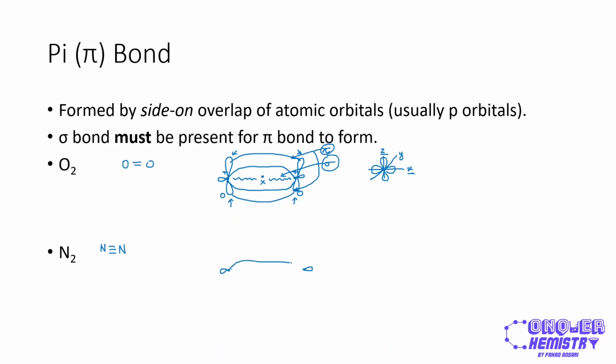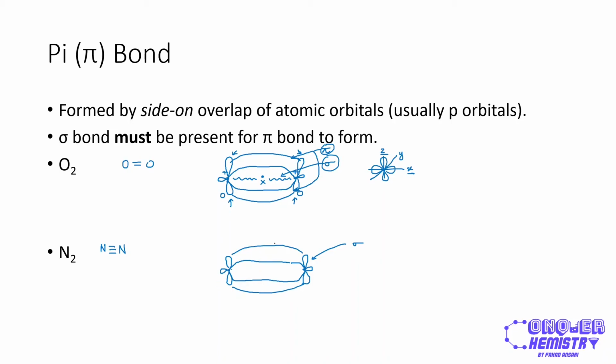The end that overlaps will become larger, the end that does not becomes smaller, and you have a sigma bond right here, right? Now you have a pi bond forming by the overlap of the two incomplete p orbitals along the z-axis, as I mentioned earlier in the case of oxygen, right?